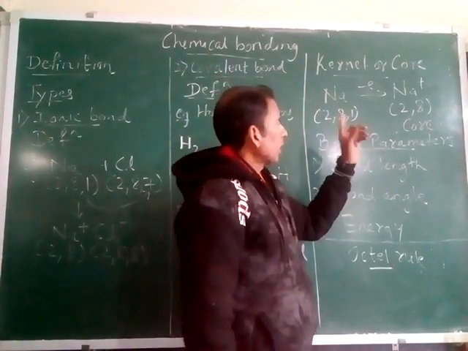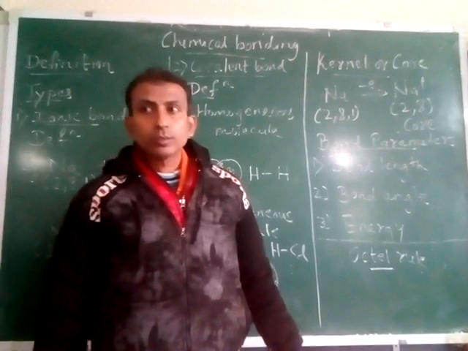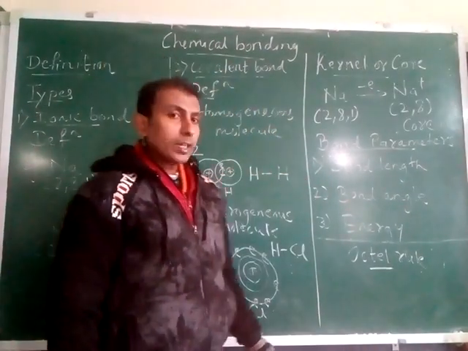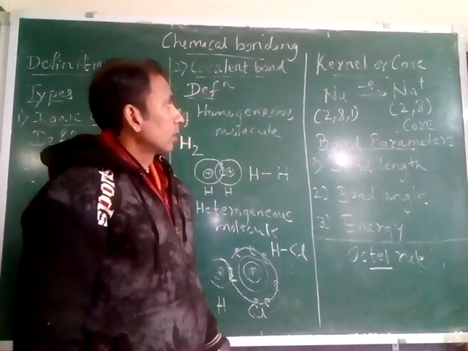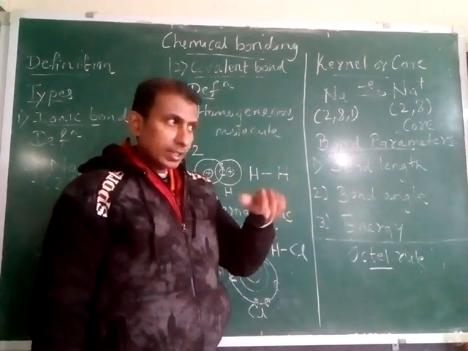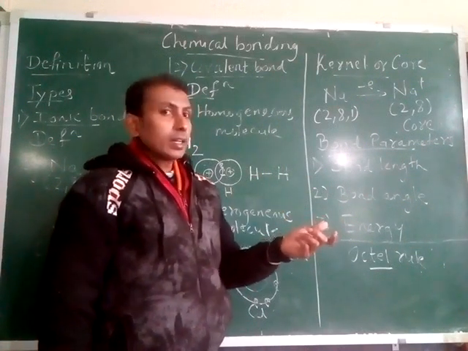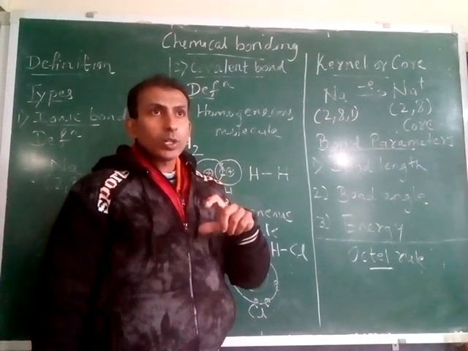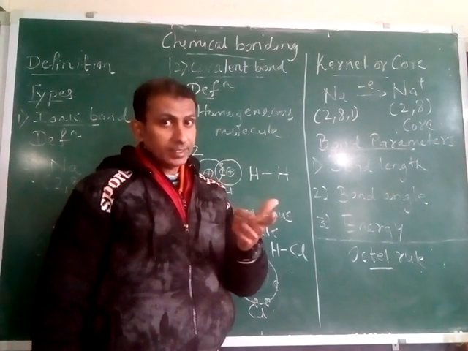Now what is the meaning of kernel or core of an atom? In the ionic bond formation, okay, one atom is transferring electrons, and after transferring the electrons, it is acquiring the electronic configuration of an inert gas.